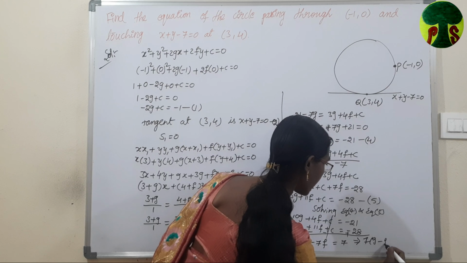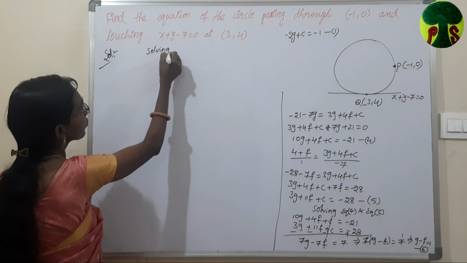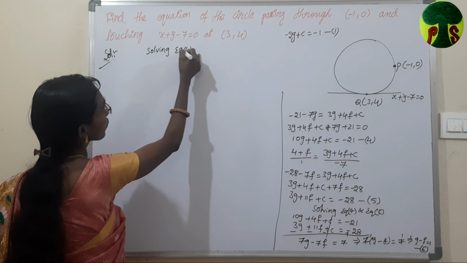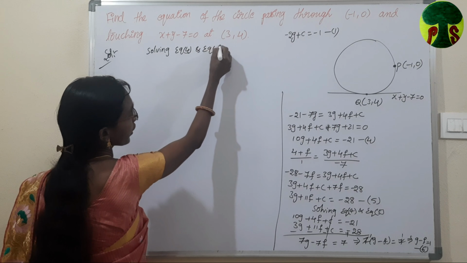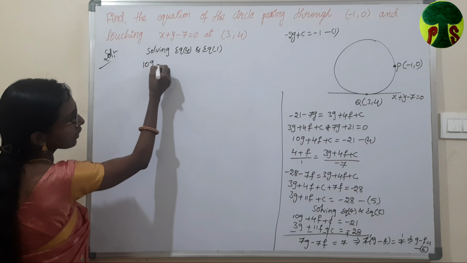Now solve equation 4 and equation 1. Solving equation 4 and equation 1. Equation 4 is 10g plus 4f plus c is equal to minus 21, and equation 1 is minus 2g.